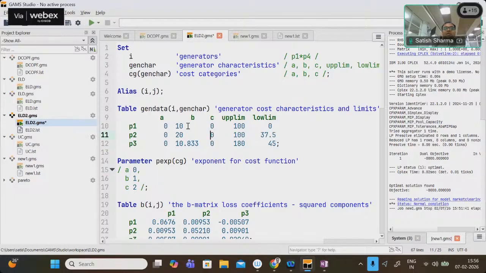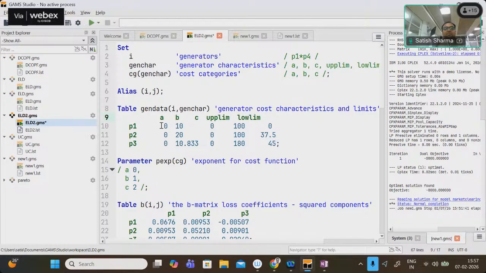And you can see here the value of A is 0. So this is not a second order cost function, it is a linear cost function. Only the B component is given as 10, 20, and 10.833. So this is the data we have.